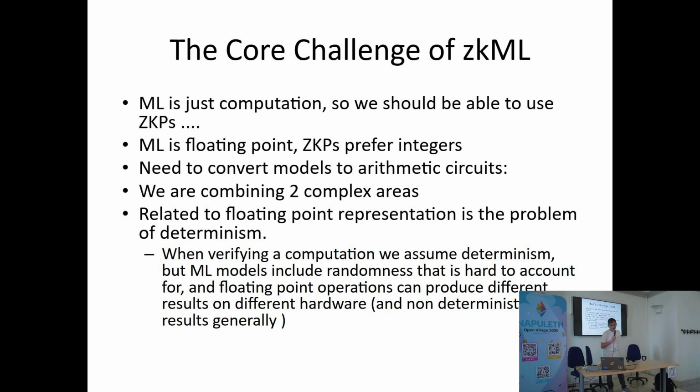And then a final point is about determinism. Zero-knowledge proofs need determinism. They need to know that if you put in a certain input to some computation, it is always going to produce the same output.